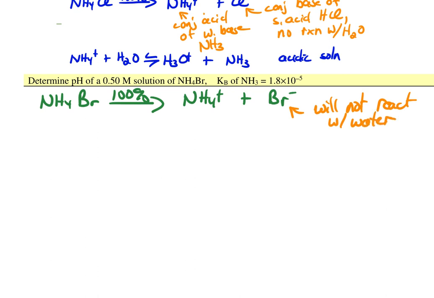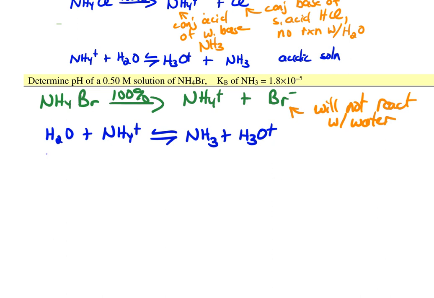Let's consider the reaction with water of the other ion, the ammonium ion. We've already discussed that this is going to be an acidic solution because the ammonium ion is going to react with water to produce ammonia and H3O+ ion in solution.